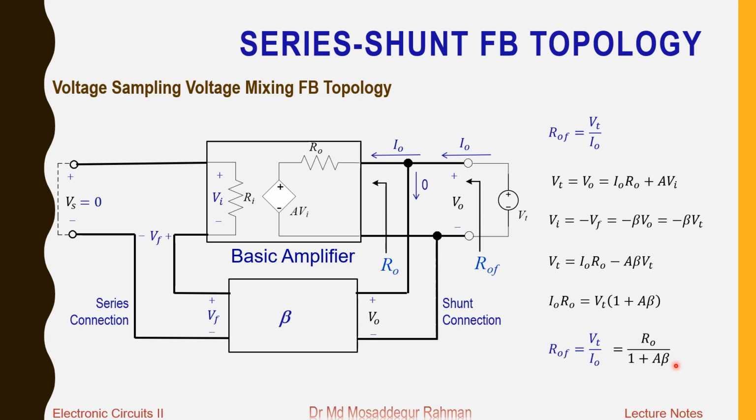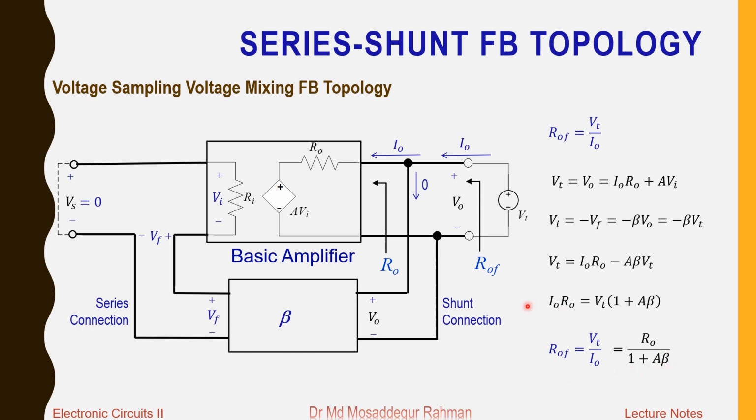So that is our final expression for the output resistance with feedback. And what we see is that in this case, the feedback reduces the output resistance, and it is reduced by the same factor 1 plus A beta.